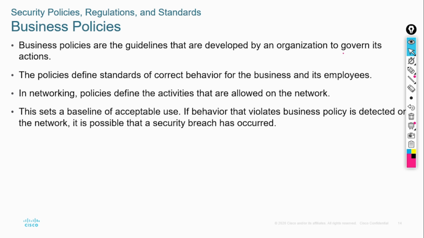These policies define standards of correct behavior for businesses and their employees. In networking, policies define the activities that are allowed on the network. This sets up a baseline of what is acceptable and what's not acceptable in terms of behavior.